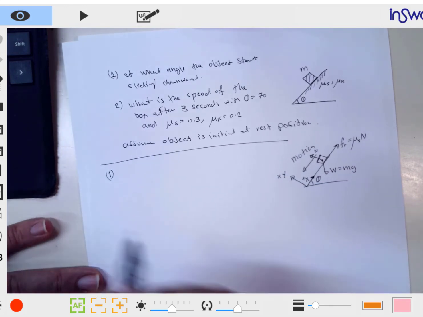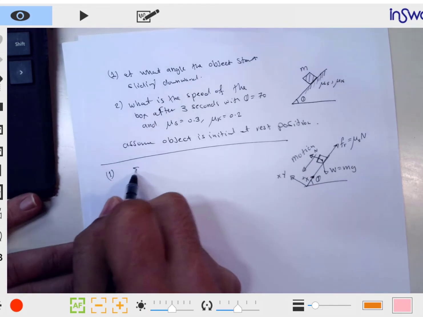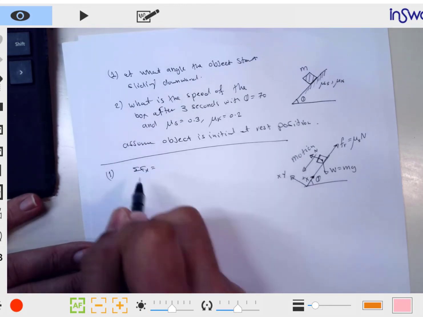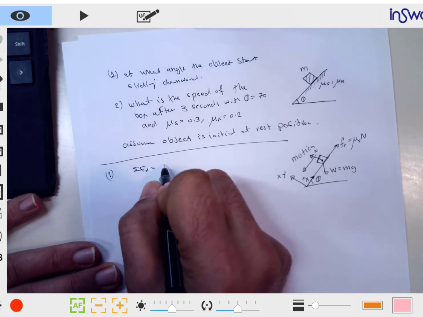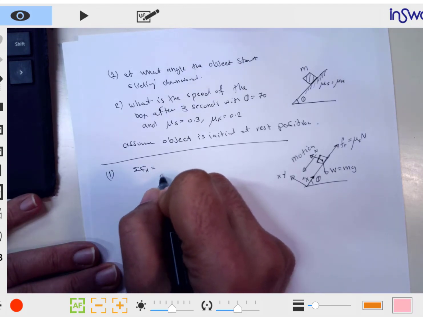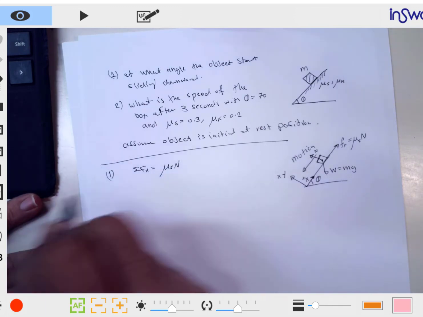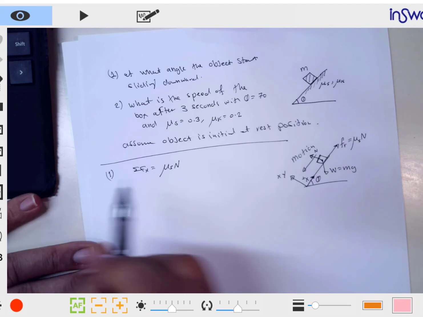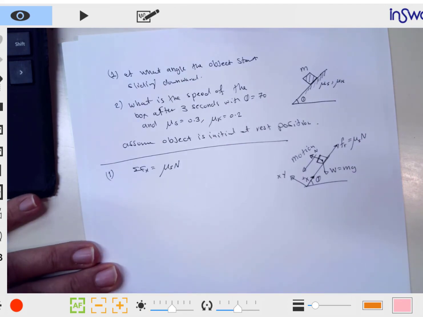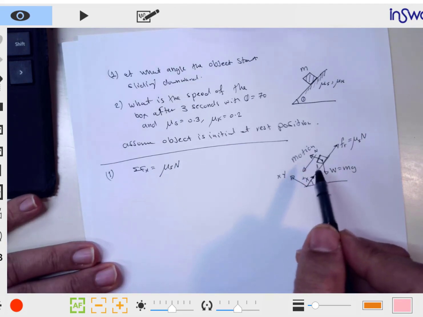Okay, and now summation of forces in x is equal to what? Is going to be equal to mu s N. I didn't put mu k because I want to find the minimum angle at which this block will start moving. So this object is not moving anyway.